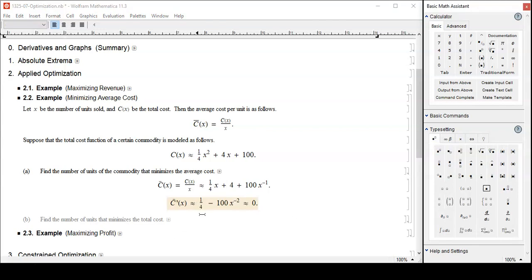Derivative of this is 1/4. Derivative of this, that's 0. Derivative of this, now negative comes out as coefficient, and subtracting 1 from the power, you get negative second power. Setting that equal to 0, you're going to get the X value that will optimize this C bar. And is it minimum or is it maximum? It's kind of difficult to tell. So why don't I plot it?